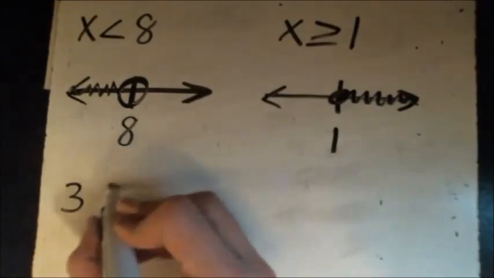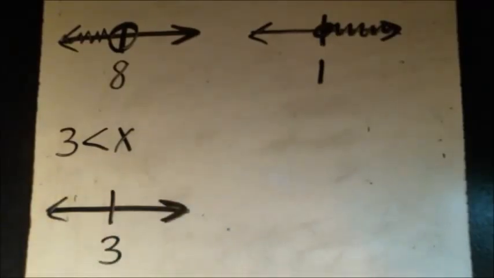Okay, let's do one more. Let's say I had 3 is less than x. Once again, the only number I'm concerned about is my 3. So when I draw my number line, I'm going to put a tick, and I'm going to label that 3. My next question to myself is, is that going to be an open circle or a closed circle?